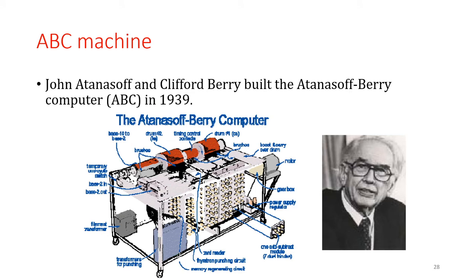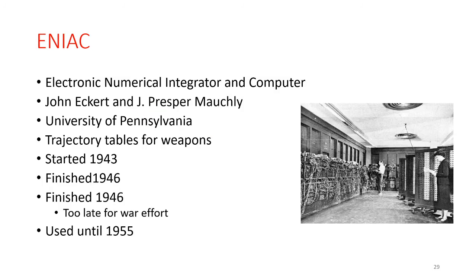Around the same time, there were a number of other devices being developed by various people in various places. Some were academic inventions in universities, but they were mainly targeted as war-related devices, or their intention was to be used in wartime.